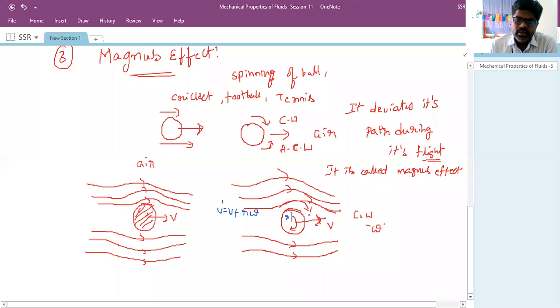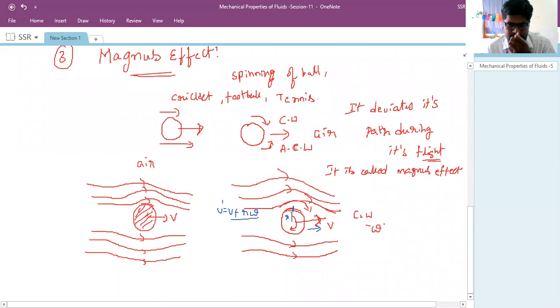When the ball is rolling, spinning and rolling are the same. Here the ball is both spinning and moving horizontally in air medium, so that is the rolling case only. So the total speed at the topmost point is v plus r omega.